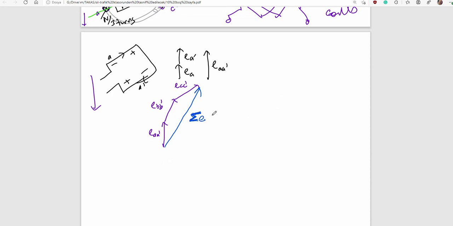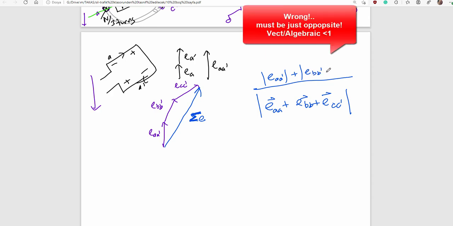Ladies and gentlemen, the vectorial summation of those sub EMFs, the magnitude will be smaller than the algebraic summation of the individual EMFs.